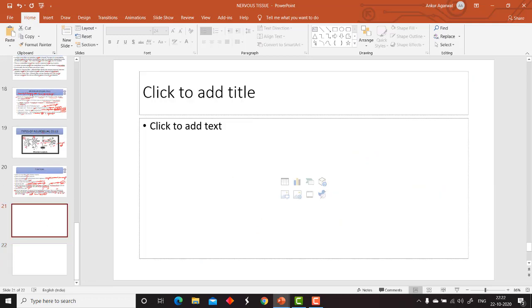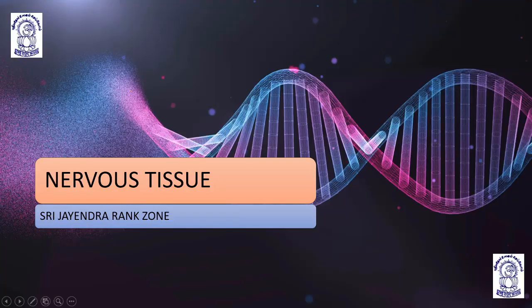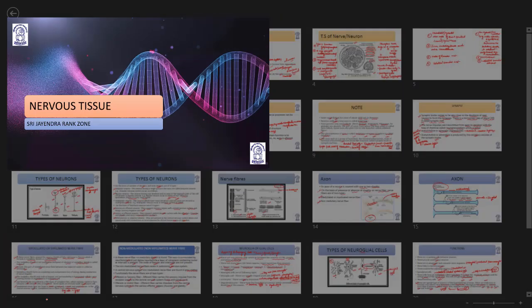The nerve fibers: the axon or the dendron of a nerve cell is covered with one or two sheaths, which is known as what?